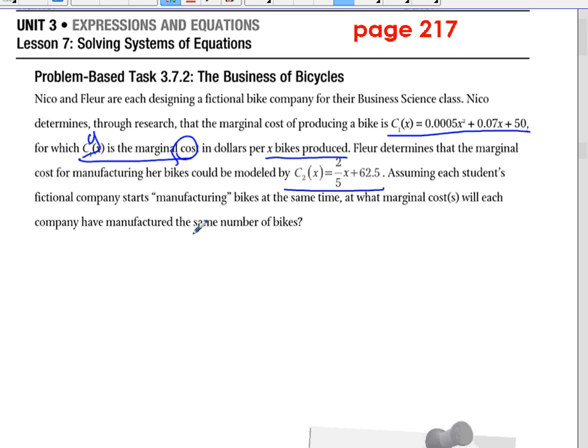So we're looking for when this equation equals this equation, because we want to know when our x's are going to be the same. So I'm going to take C1 and set it equal to C2 because I want to see when they're the same. So this is what I mean.